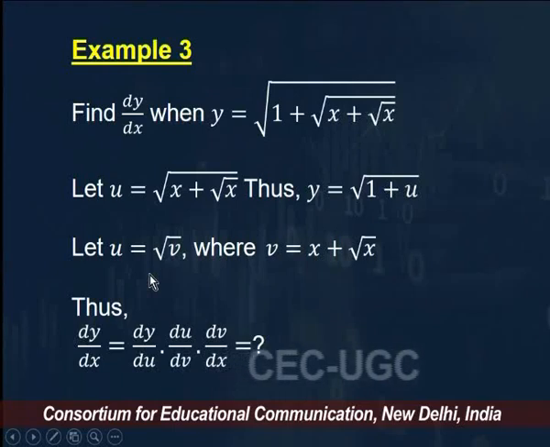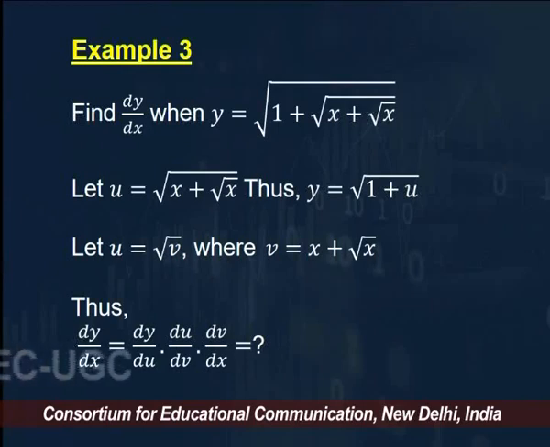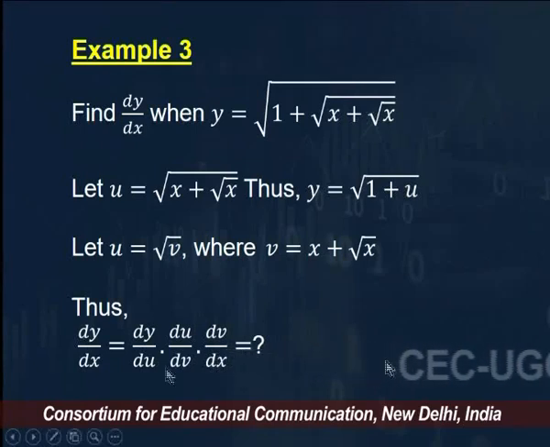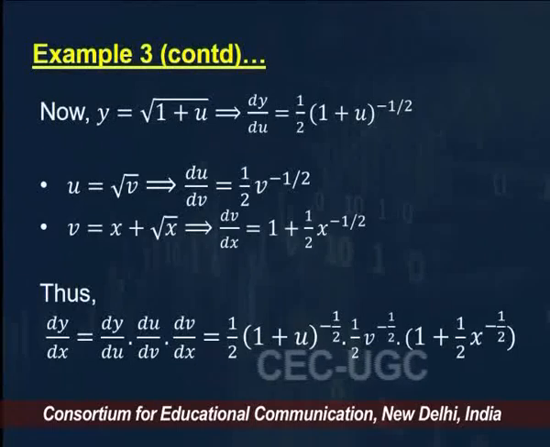Now, u in turn can be written as square root of v, where v is equal to x plus root x. And now we are in a position to calculate dy by dx using the chain rule as dy by du times du by dv times dv by dx. Let us look at the calculations in detail.